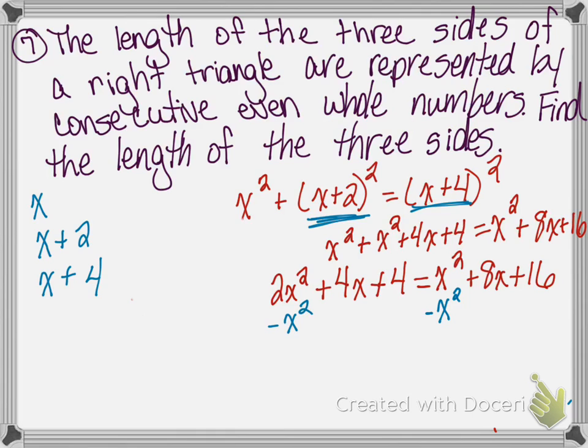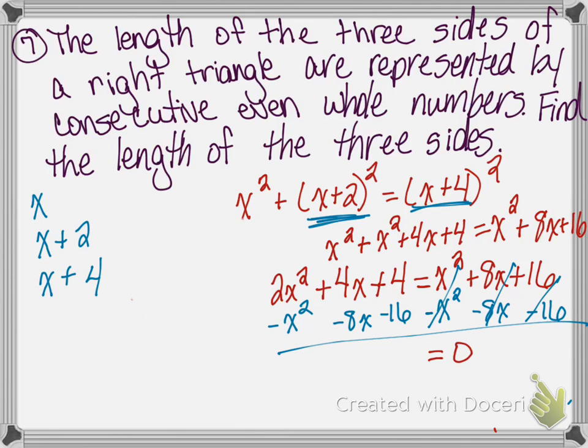I'm subtracting x squared, then subtracting 8x, then subtracting 16. So on this side I'm left with 0, and I have x squared minus 4x minus 12.